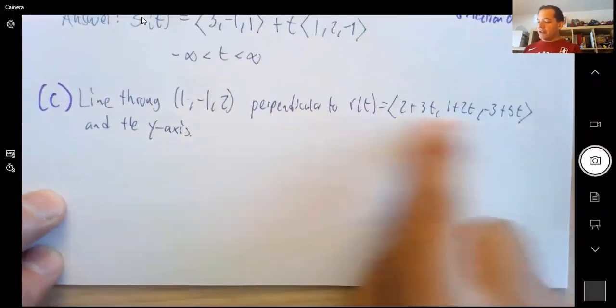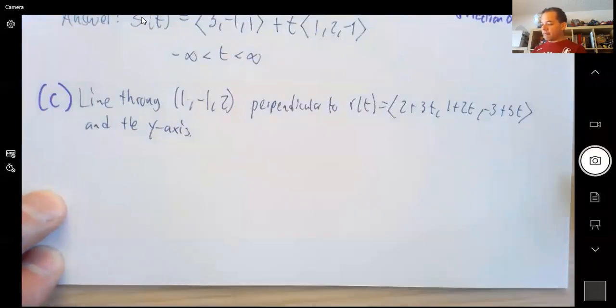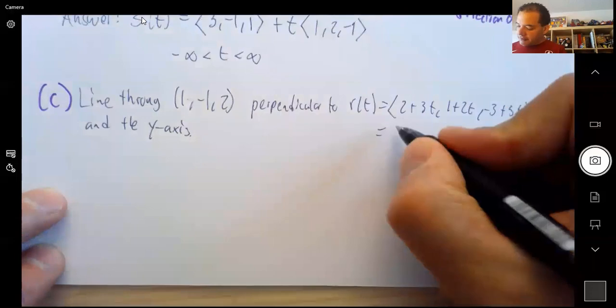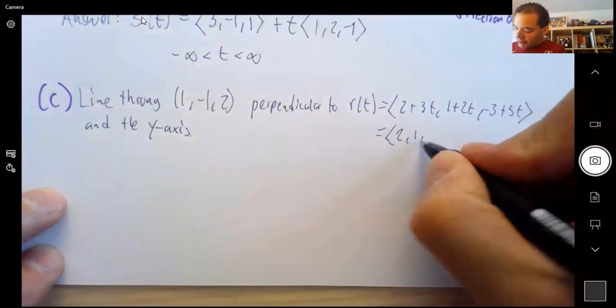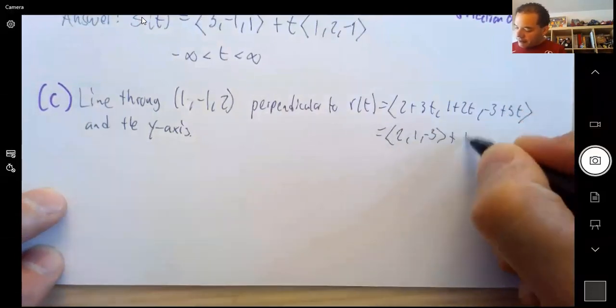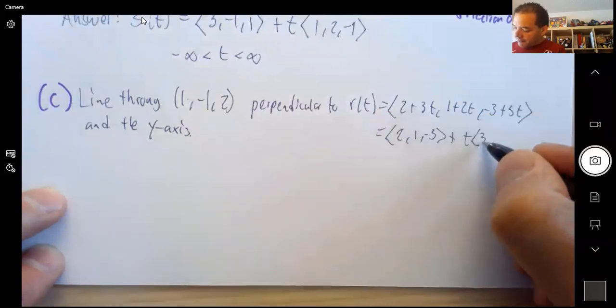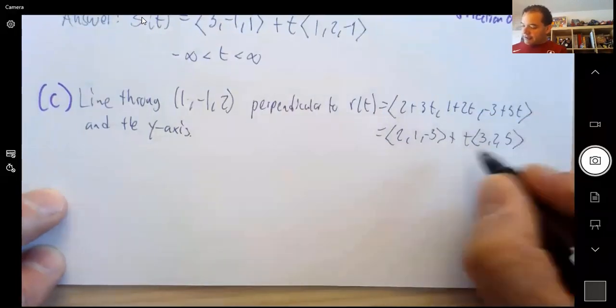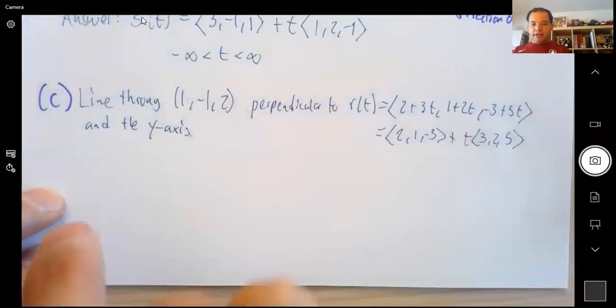So we need to find the direction of this line again. And now we learn how to do it. We can bypass a few steps. So this is just (2, 1, -3) + t(3, 2, 5). And this is the direction, right? This is the one I care about.